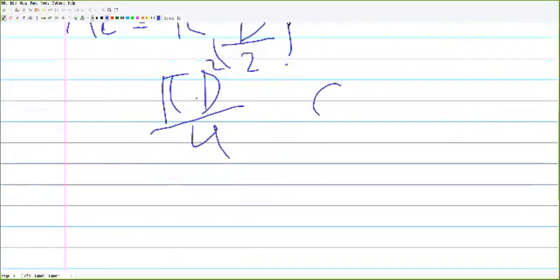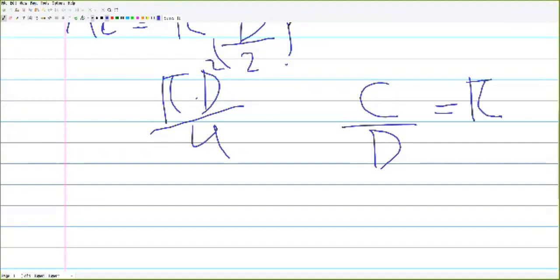And we know the circumference: c divided by the diameter is equal to pi, right? So c is equal to d pi.